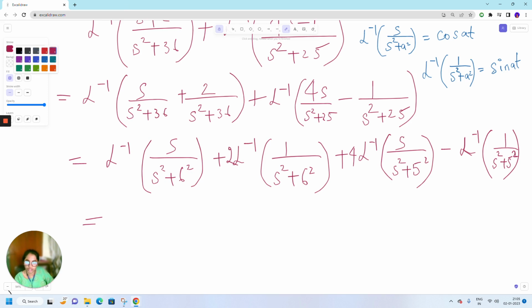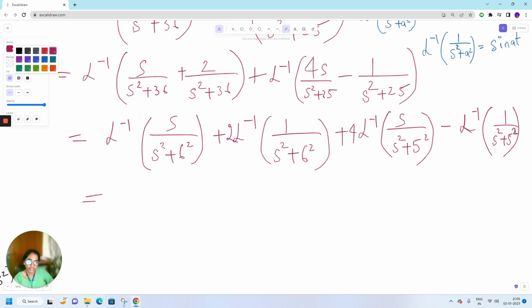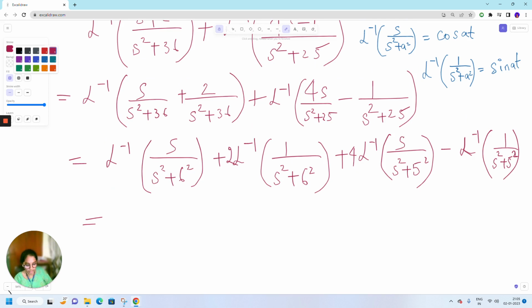So for the first one, what do I have? s divided by s square plus a square. So that would be cos 6t plus 2 I'll write down as it is. I have 1 divided by, right? So I would get a divided by a here.